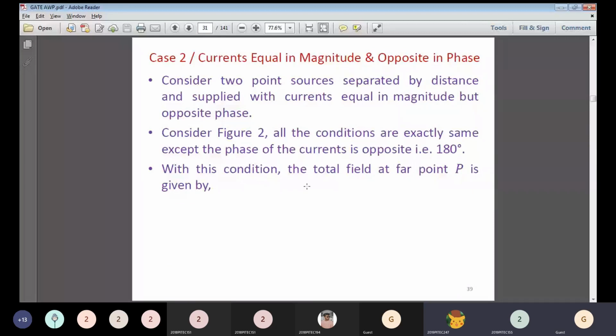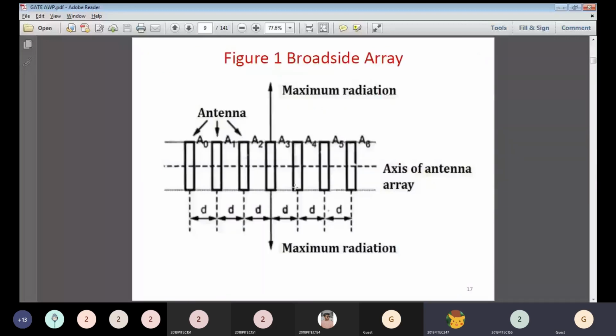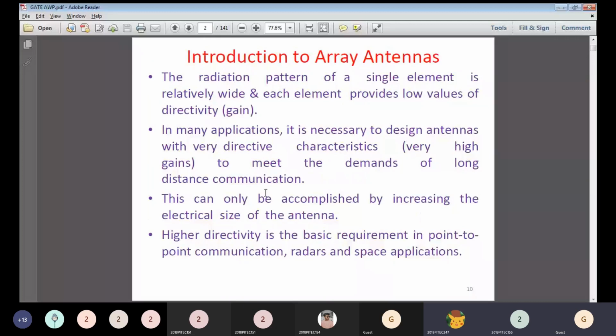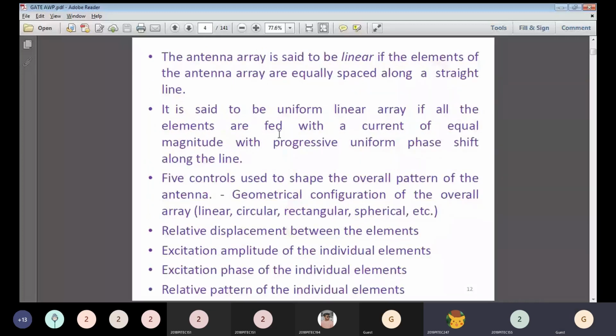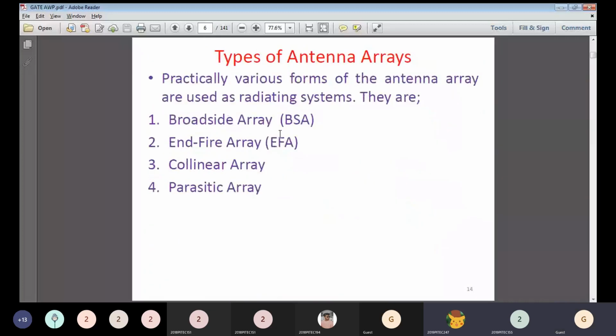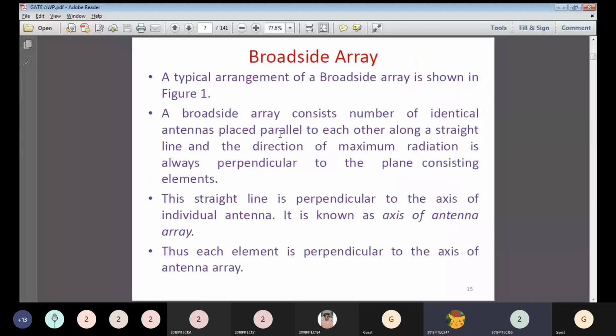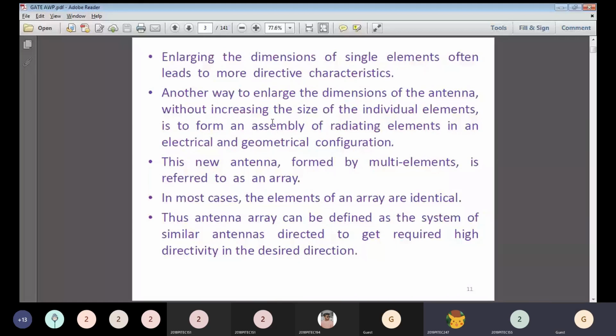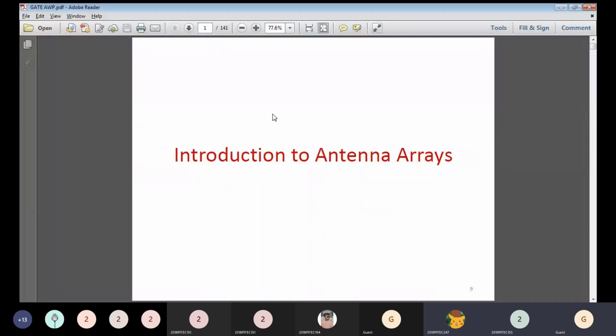Before we wind up this concept, we have to know what topics we have discussed so far. Generally, I told you already: what is an antenna, what is the antenna array concept? The topic is antenna arrays.